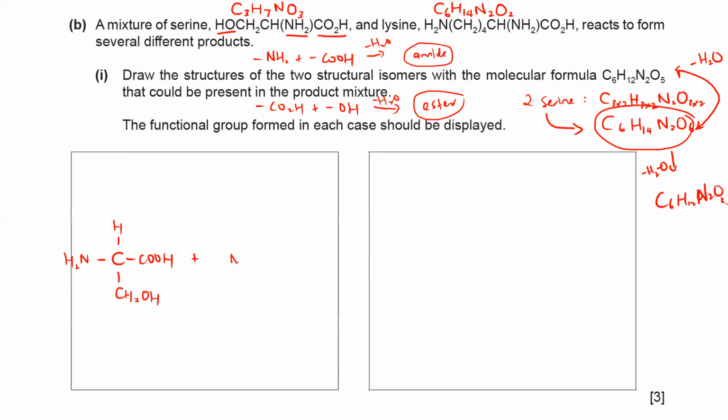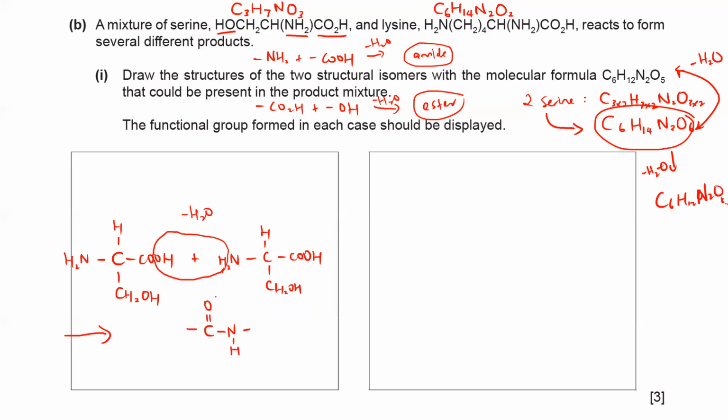Now in this case, I want to draw the first product, which is the amide. So these two functional groups will react with each other. They remove water. So now the C double bond O and NH will join together. So you should see the amide link.